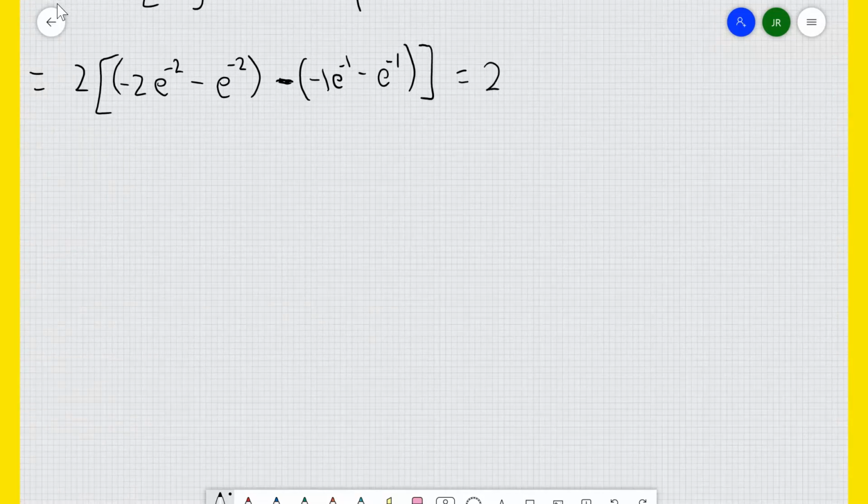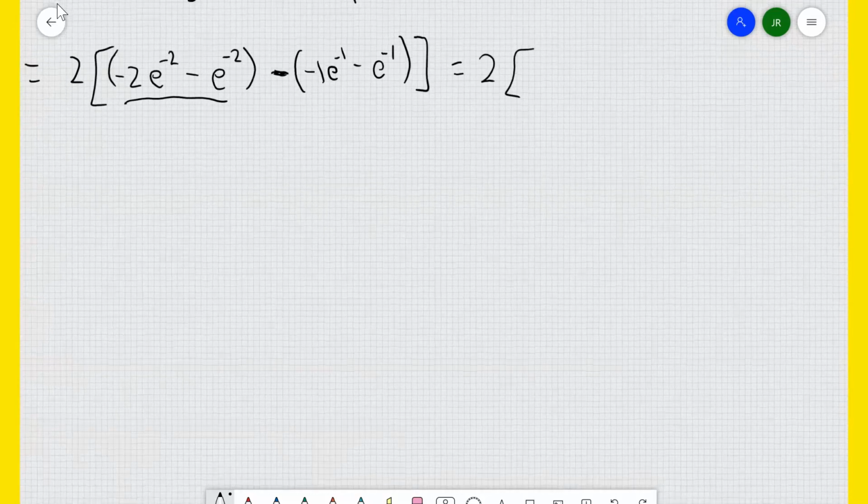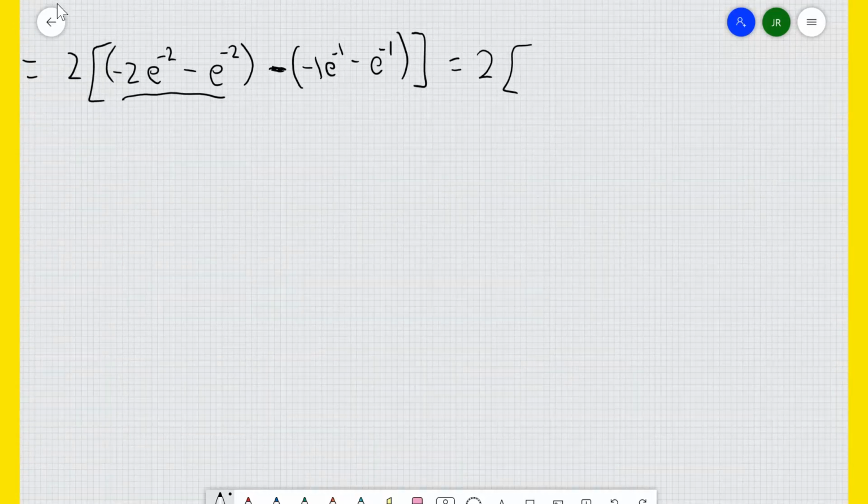It's going to be 2. What would be the best way to write this? I'm not real sure. Let me just see what happens. Well, these are like terms, aren't they? Two things minus 1, so negative 2 things minus 1 thing is negative 3 of those things, negative 3 e to the negative 2.